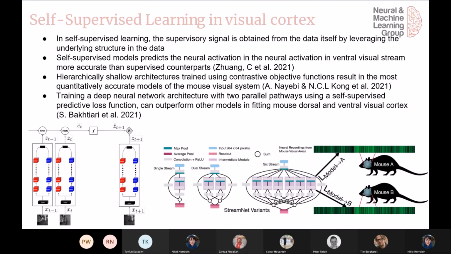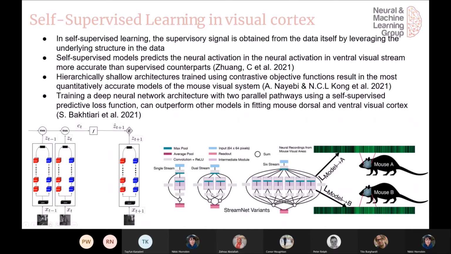Okay, so recent, more computational studies show that if you train a neural network in a self-supervised way, then those neural networks can predict the neurons in your brain better than their supervised counterparts. There are two similar studies.